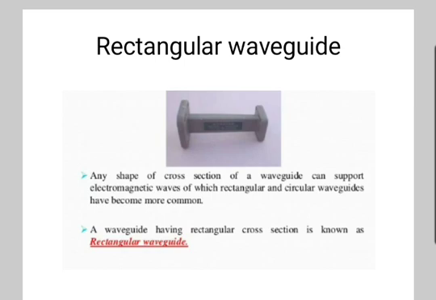A waveguide having a rectangular cross section is known as a rectangular waveguide. The diagram for this rectangular waveguide is shown here.